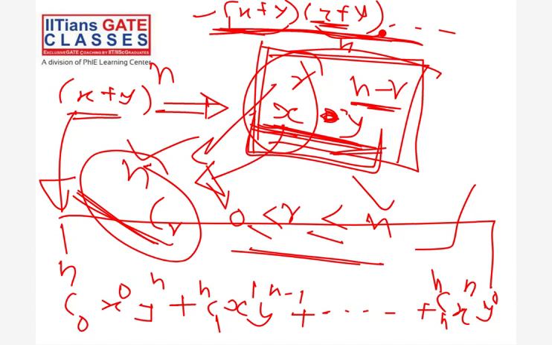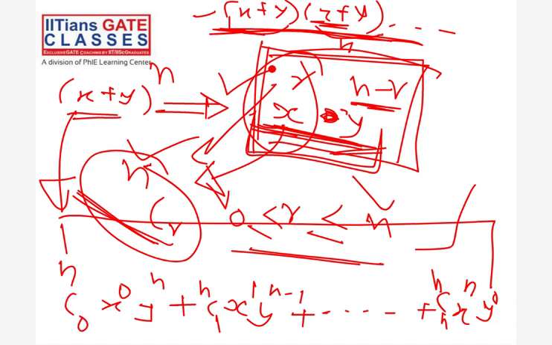Whatever we do, let's assume we got r number of x's, and automatically we will get n minus r number of y's, because if you select x from r pairs, that means you have selected y from the remaining pairs.